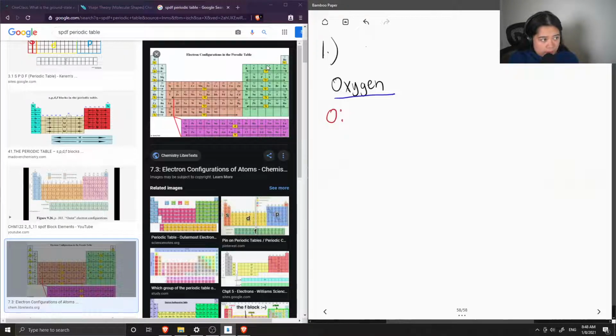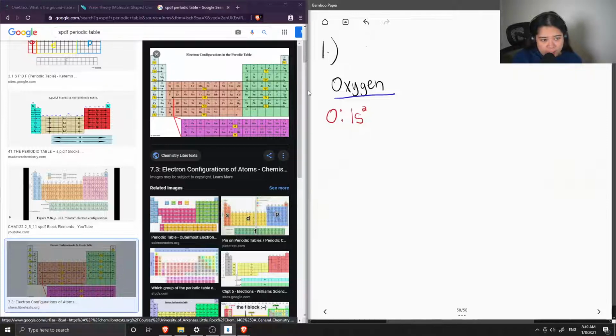So starting from hydrogen, I'm going to write the row number, which is 1, and then the block letter, which is S, and then a superscript of 2 to show that there are 2 electrons in this orbital. And this corresponds to the same as hydrogen and helium's electron configurations.